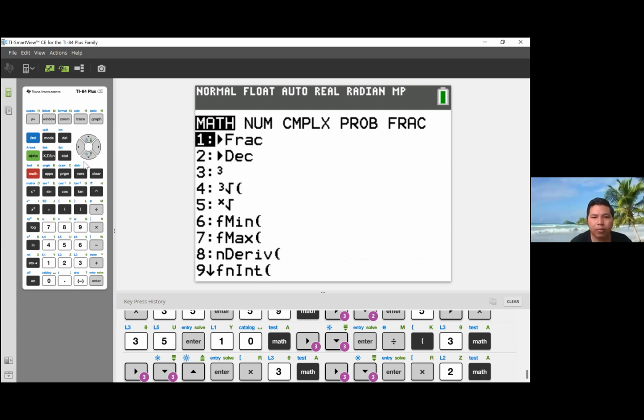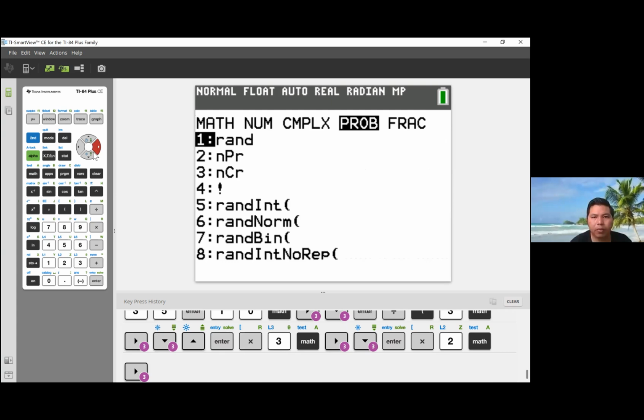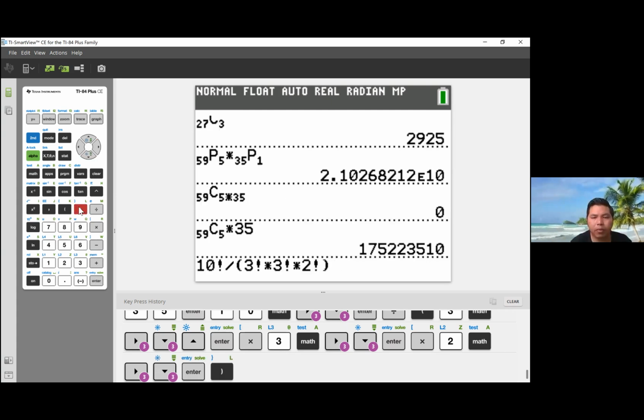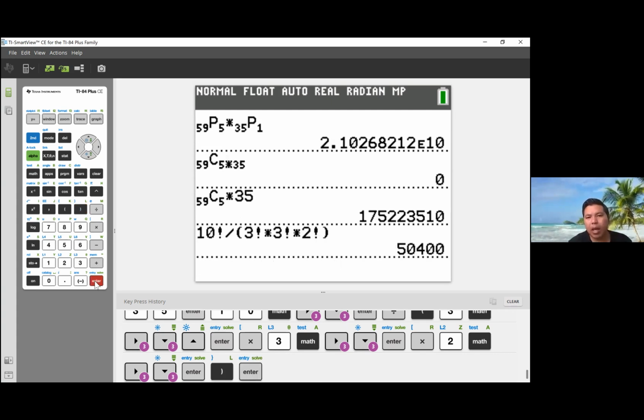Okay. There we go, that's the setup. That's the answer. So we get 50,400 different ways. Okay, so that's how you use the calculator.